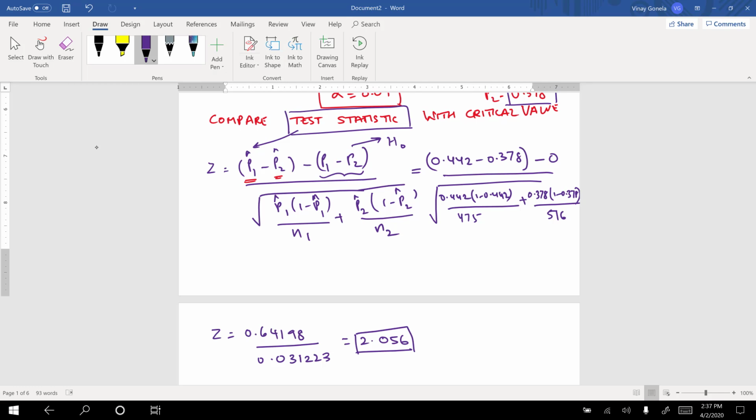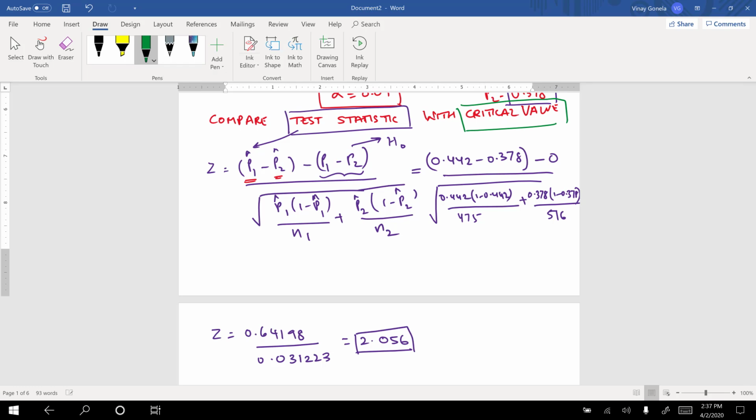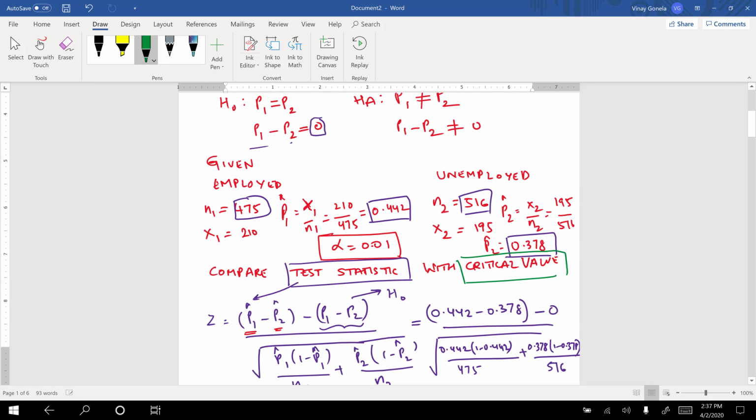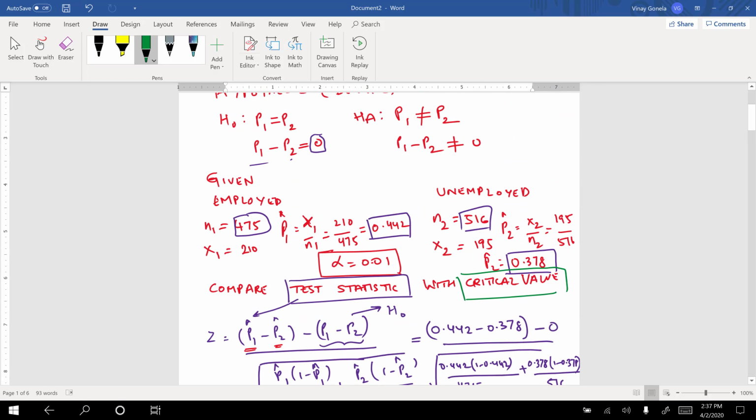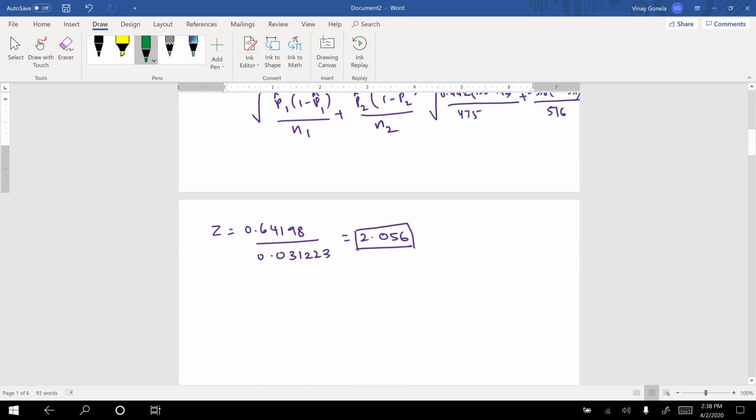So the next step is to compare it with the critical value. This is a two-tailed problem because our null hypothesis is exactly equal. If we wanted to disprove that p1 is less than p2 or p1 is greater than p2, we can disprove the null hypothesis. So that means for the critical value we will be using the z alpha over 2 formula.